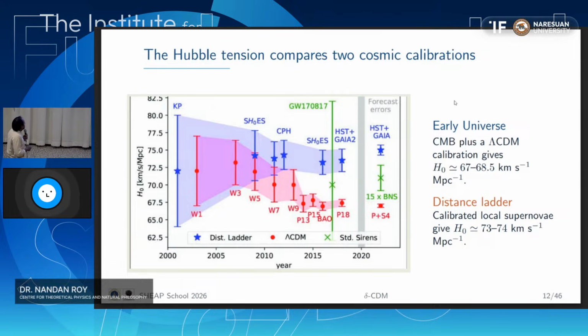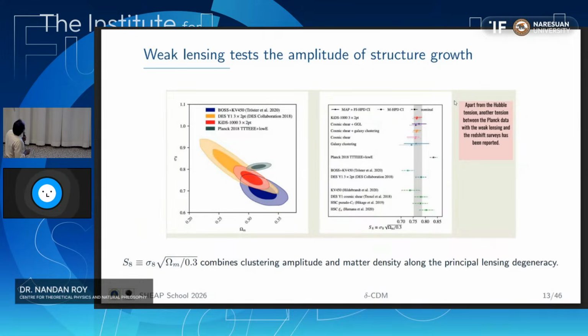So this is a current problem in cosmology. Another problem is the sigma 8 problem, where if you measure the S8 parameter, which is a measure of the structure in the universe, you find that the one from Planck, which is this one, and the other one from galaxy surveys, large scale structure surveys, have posteriors that do not coincide within 1 sigma.